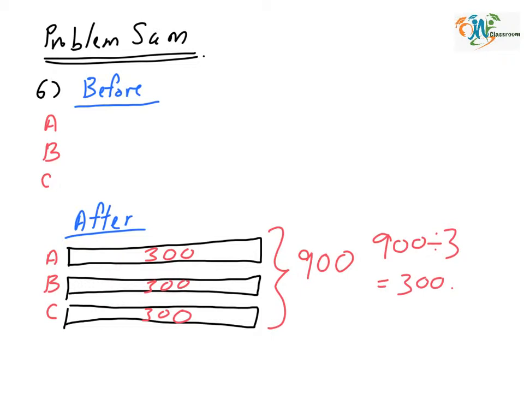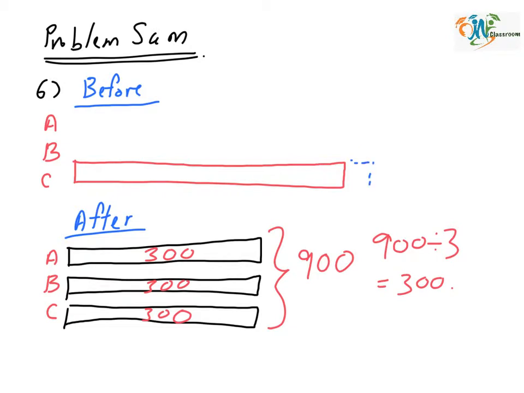Okay, so now maybe Xavier said we do C first. So what C has will be this. C is given an additional 5 from B, right? And then we divide this into how many parts? We will divide this into 3 parts.